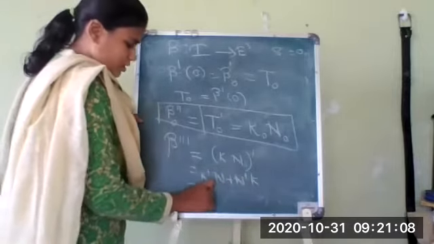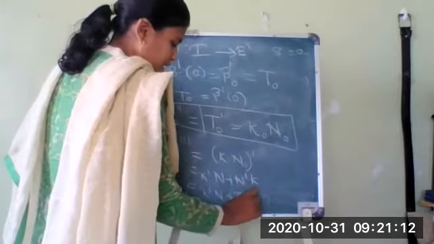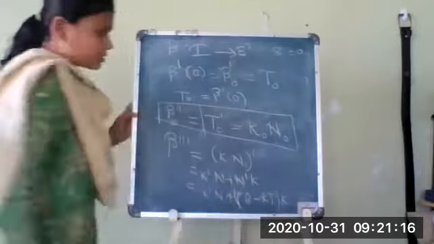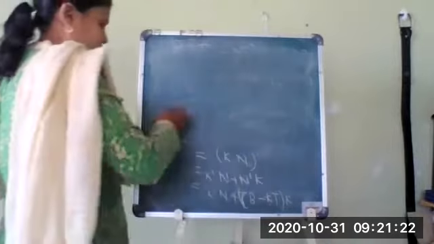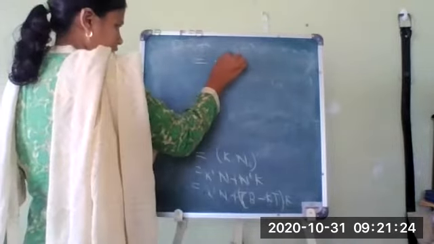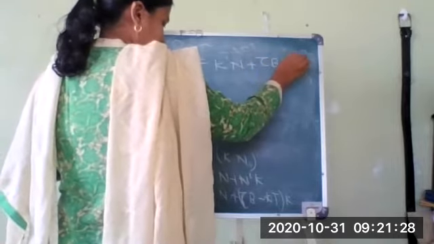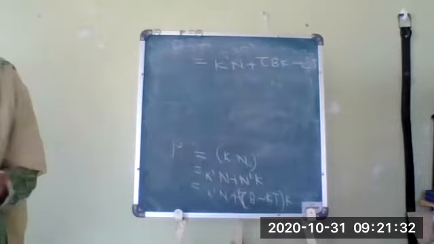Just now we have seen that n dash is tau b minus kt, tau b minus kt into this k as it is. We have found those formulas and will use them later. So now the formula is k dash into n plus tau k into b minus k square into t. So this is beta triple dash.